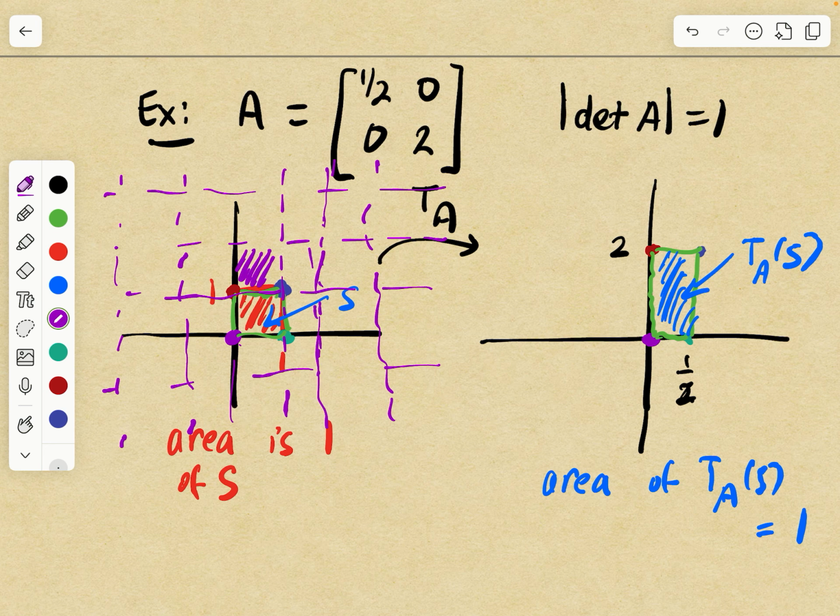Well, this square, for instance, is going to go to this rectangle above. All these squares are going to go to rectangles of dimensions 1/2 and 2, and so the area gets preserved.